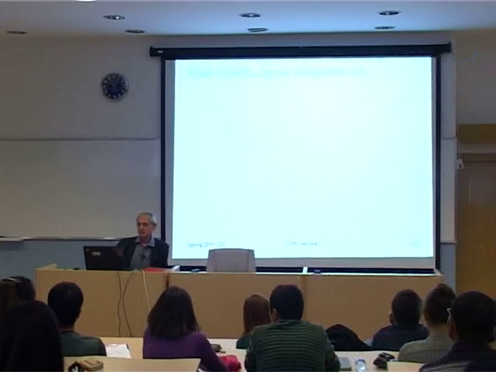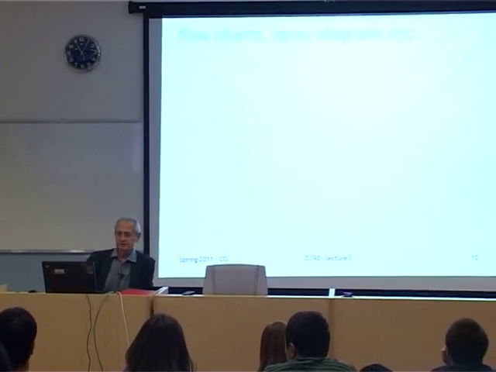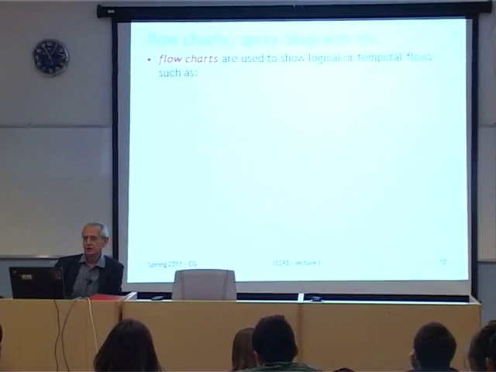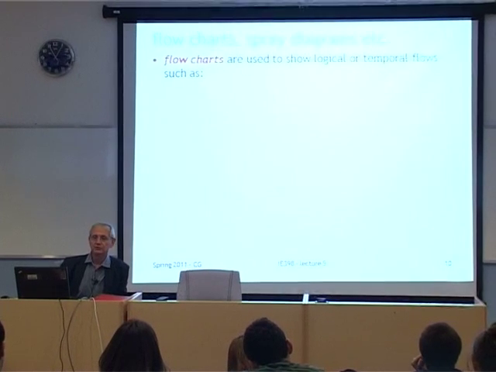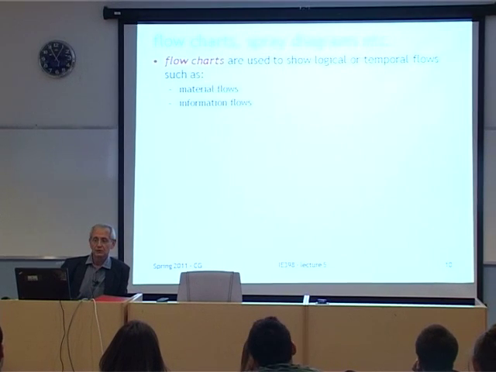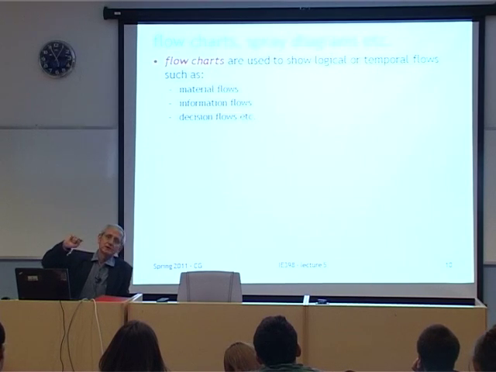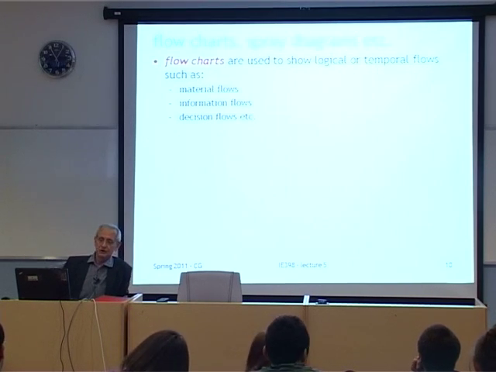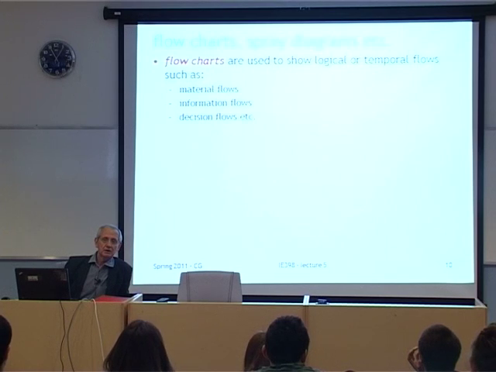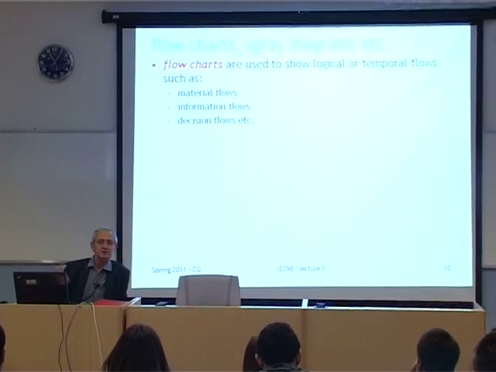of an influence diagram. There are other types of diagrams that are useful in constructing models. These are flow charts, spray diagrams, etc. Flow charts are used to show logical or temporal flows, such as material flows, information flows, decision flows, etc. But you shouldn't, for example, construct a flow chart in which some boxes indicate materials and other boxes indicate information.